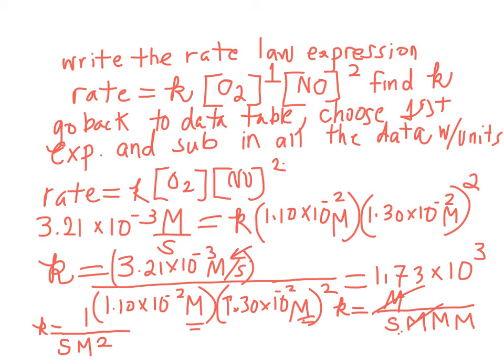And a way to write this would be S to the minus 1, M to the minus 2. So these would be the units for the rate constant for this reaction.